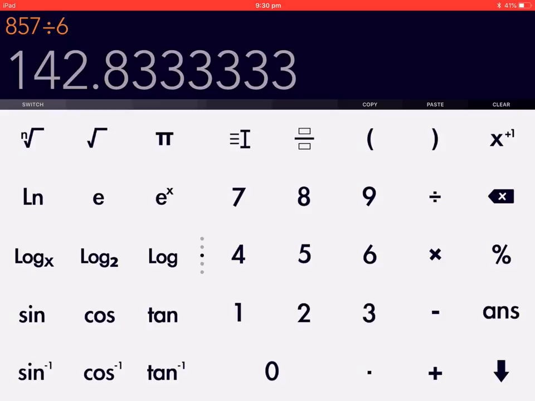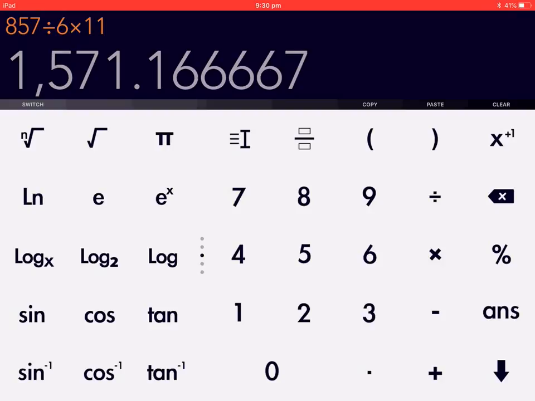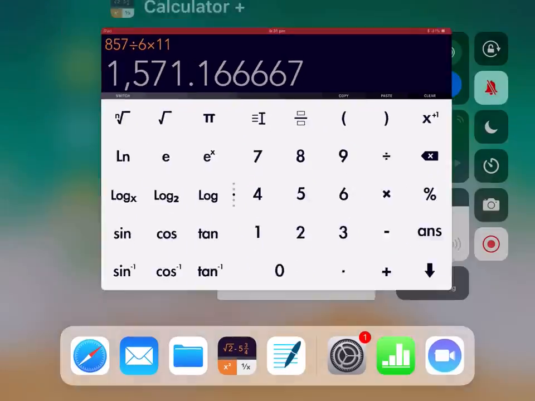Now what you need to do is leave that number in your calculator there, and if you just press times, it will times that answer for you. It will display differently in yours, but I'll show you anyway. So we times by 11, and it will work it out for you. So 1571.16 recurring, okay? So 1571.16.